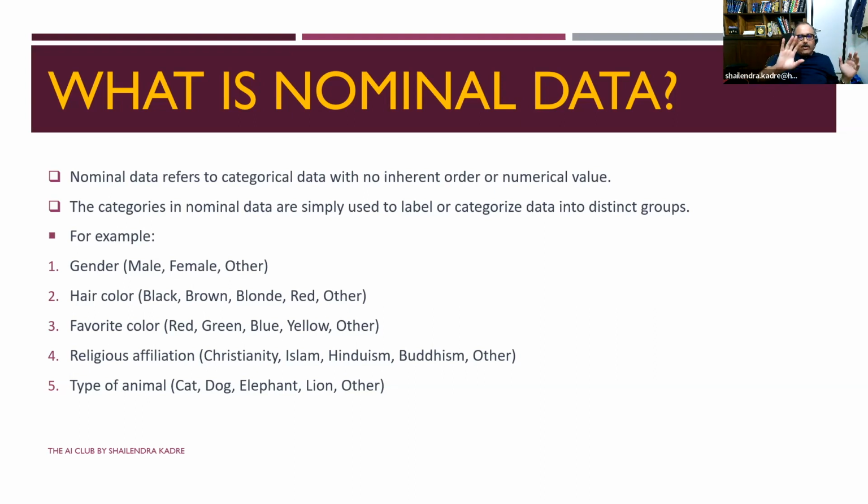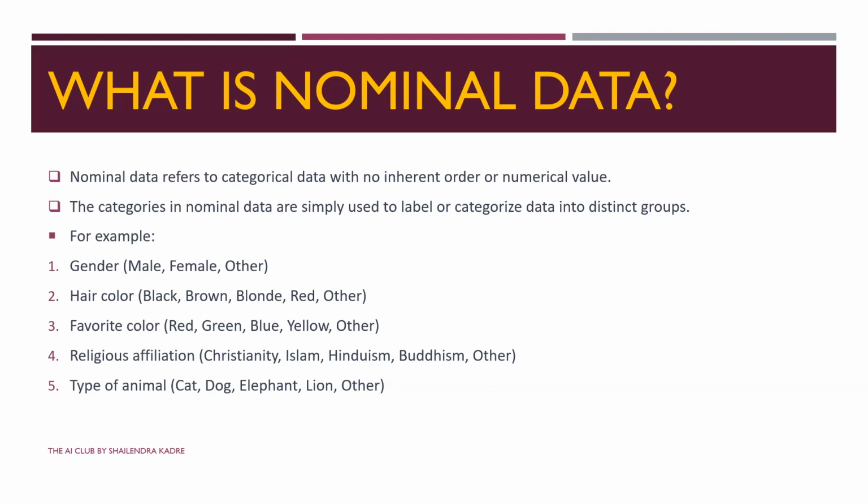You can put it in any order. Best is to put it in alphabetical order. No dispute, so Christian cannot say that I am first or I am second. Just put them in alphabetical order, or there is no order. So you understood, right? What is nominal data, guys?